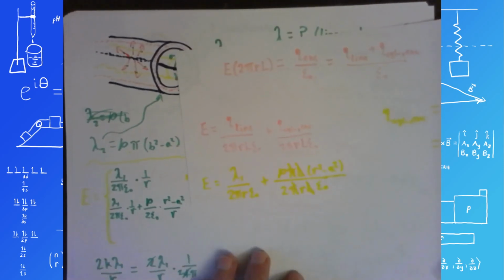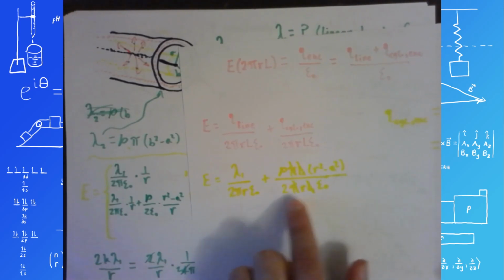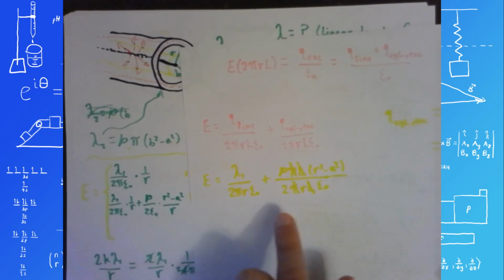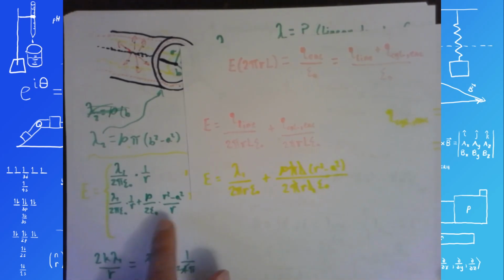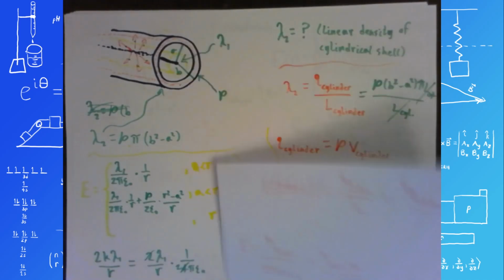Let's see, did I copy that all correctly? To the epsilon naught. Moved the r over to there, that's good. Okay, we are good to go there.